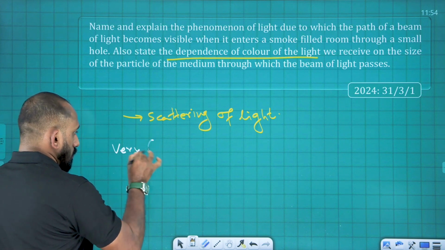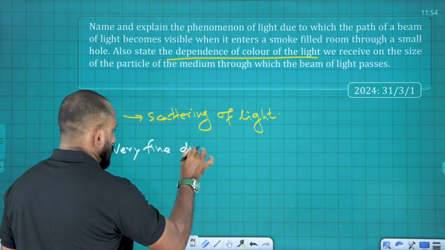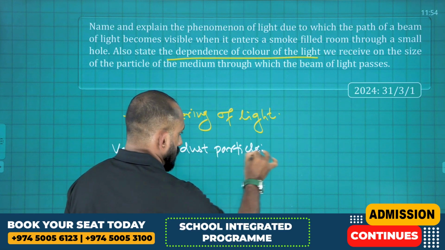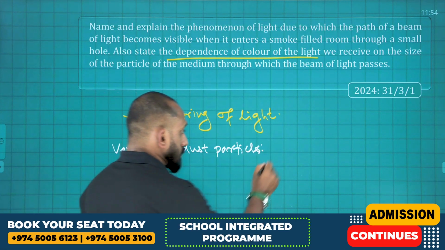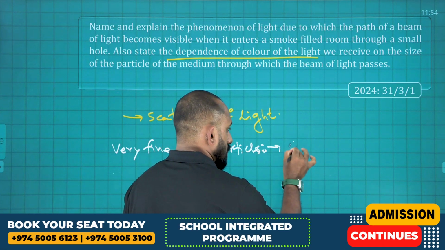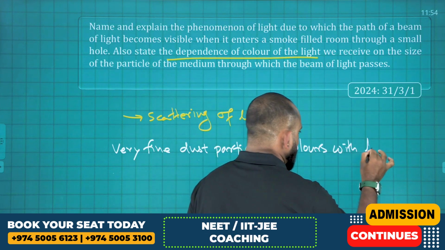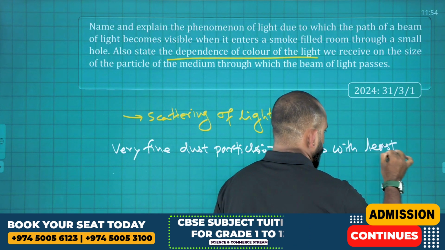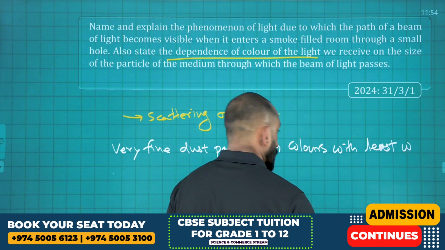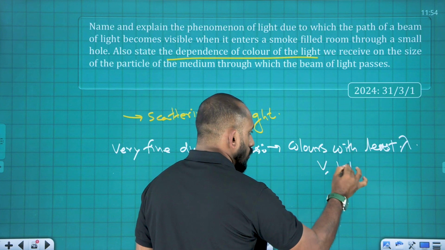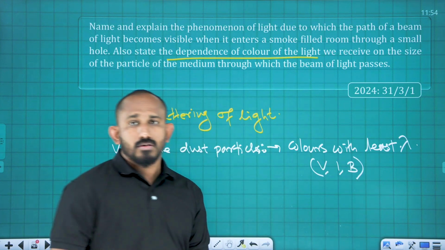So for the size of the particle, you can mention it this way. Very fine dust particles: then colors with lesser or least wavelengths, violet, indigo, blue, will scatter.